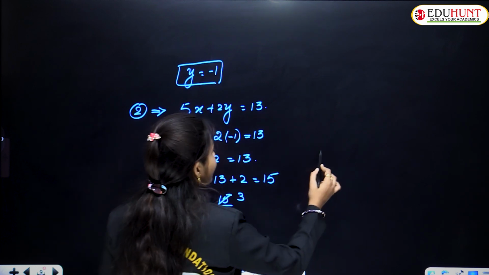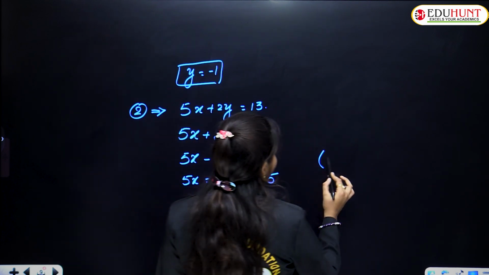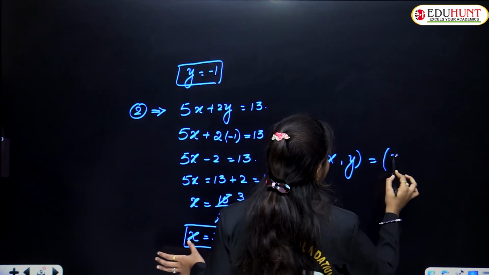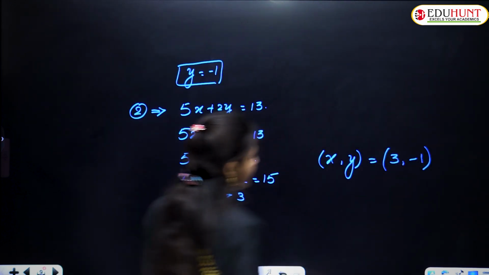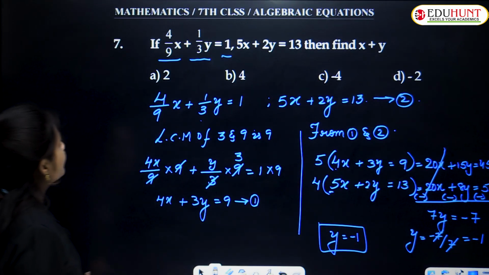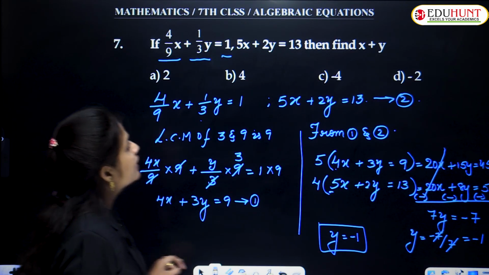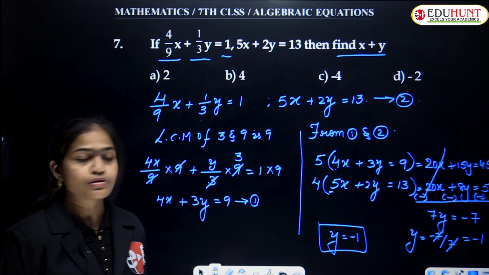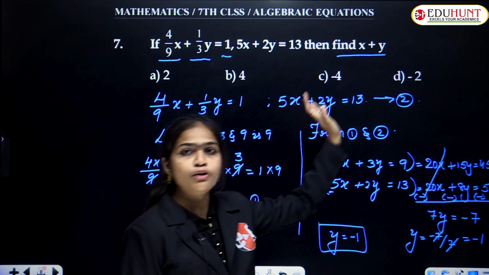Now we have to write that as an ordered pair. So the ordered pair x comma y is equal to, here x we got 3 and y is equal to minus 1. So what is the correct answer here? Let us see. 3 comma minus 1. Okay. And here they ask to find the x plus y value, no? So directly we got the x value and y value.